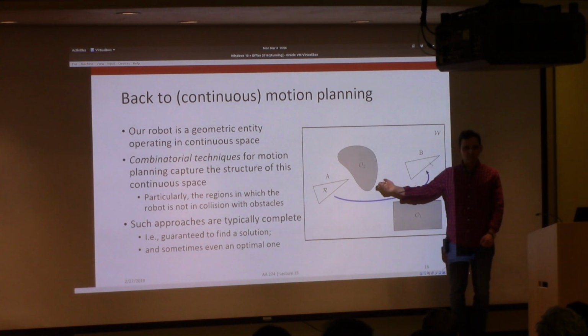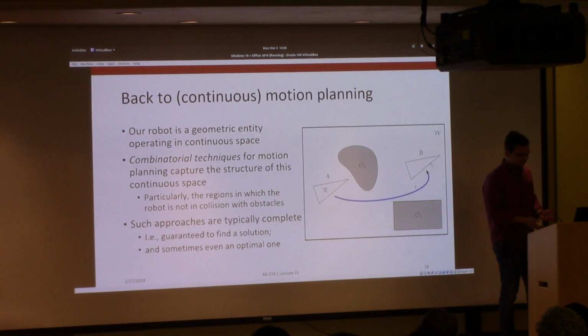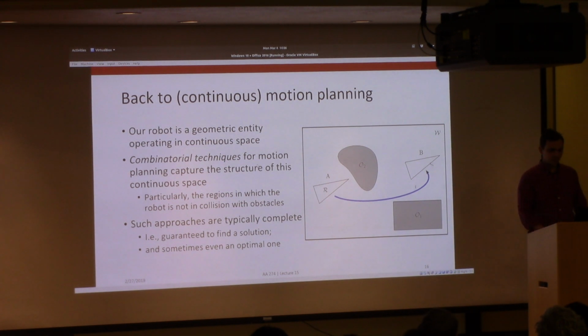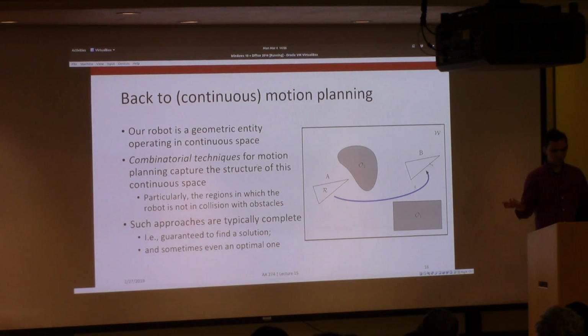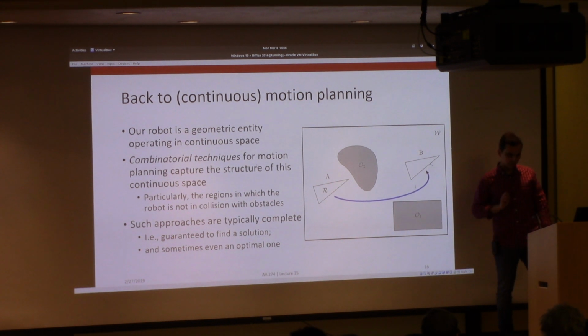Now our robot is some geometric entity that moves in continuous space. This space may be very complex. We may have very complex obstacles. They may be movable, etc. But let's stick for now to static obstacles.